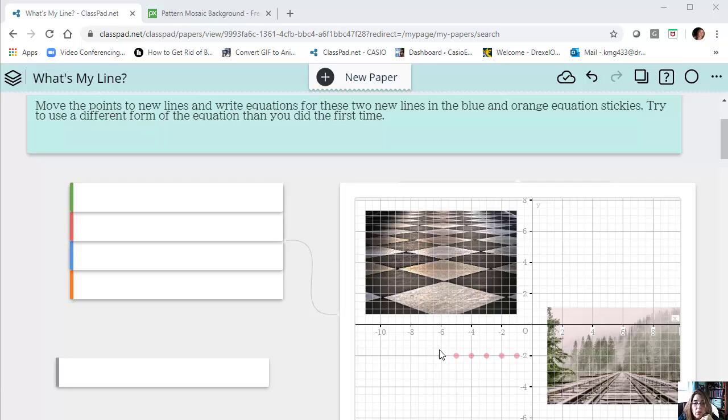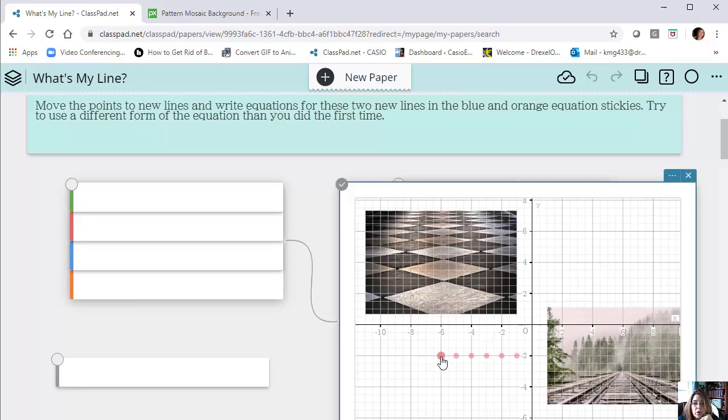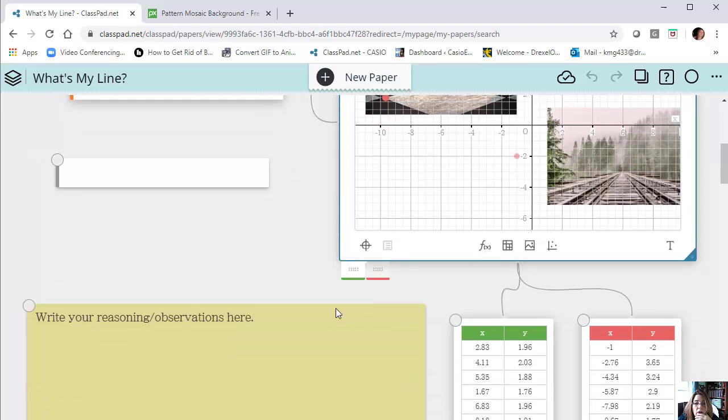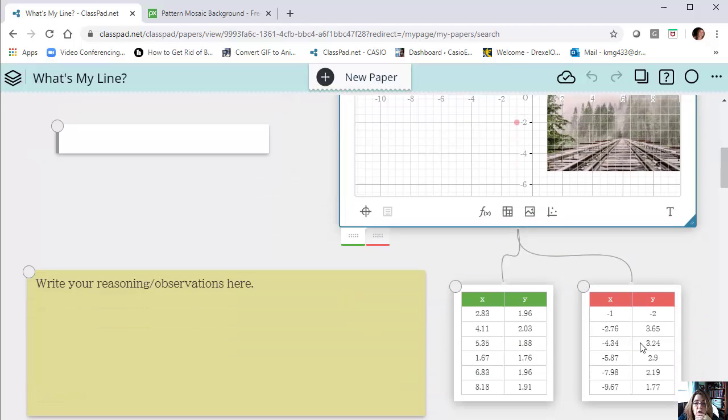They're going to move these points to locations where they think they have a line. So I'm just going to randomly pick a line here. I could use all the points. It depends how much. I only really need 2 points, but if I'm trying to be exact, I would line up the points. Notice how when I click the points, the point values come up, and I can also see them down here in the chart as I move the points.